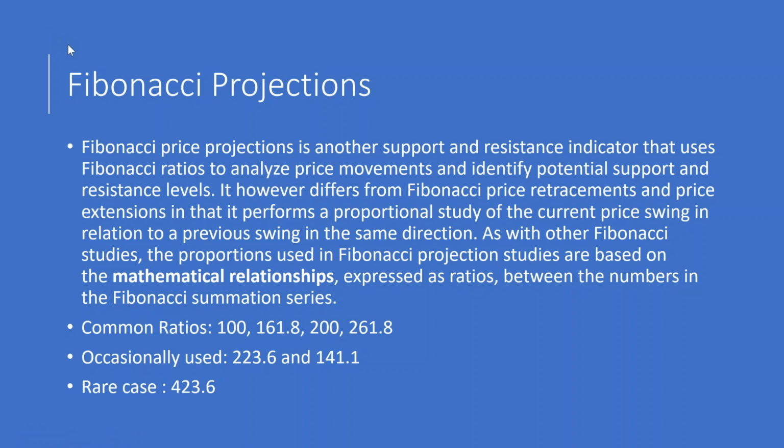Then projection, it is also one of the most commonly used tools. This is when we see support and resistance beyond 100%. Now, where can the retracement travel after taking support on the ratios on the upside?